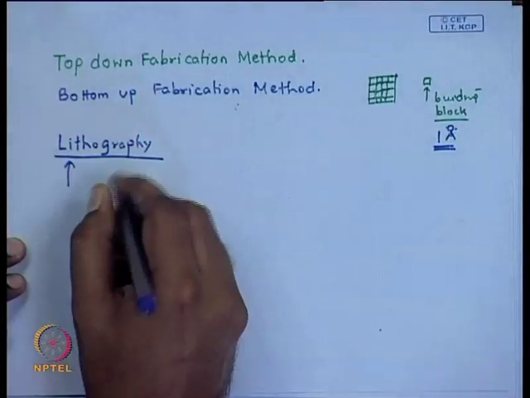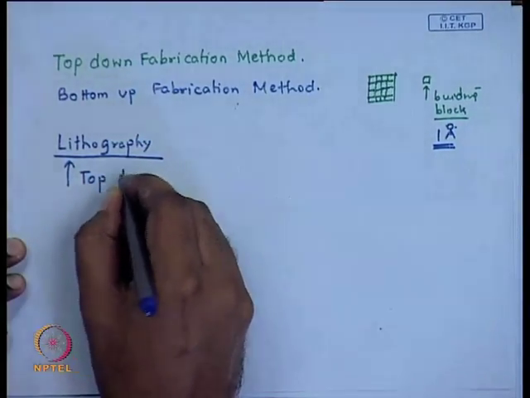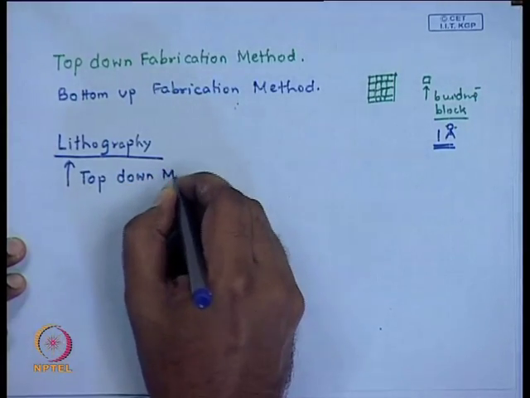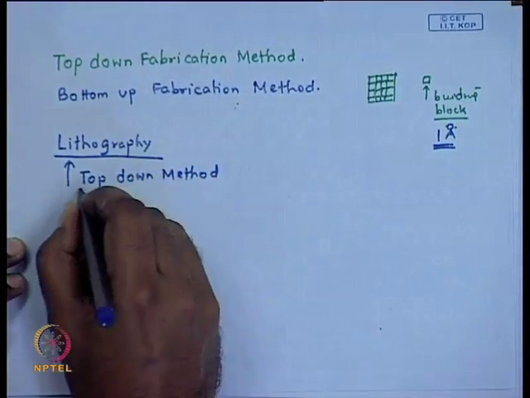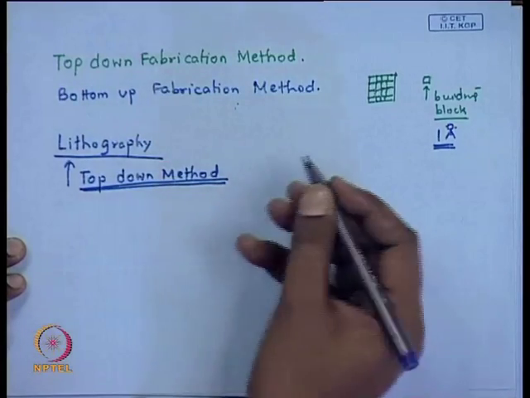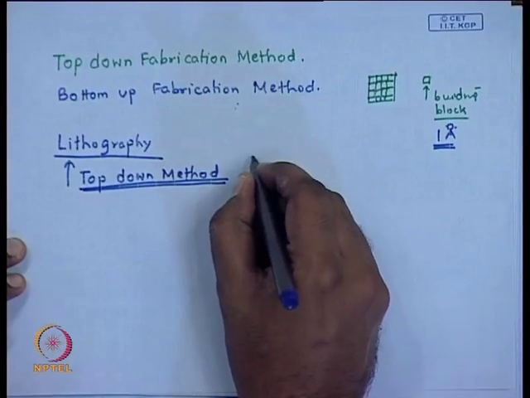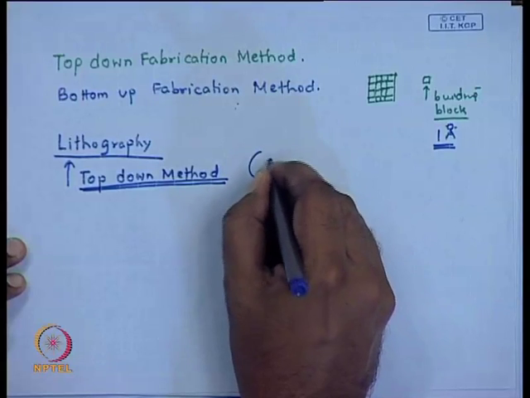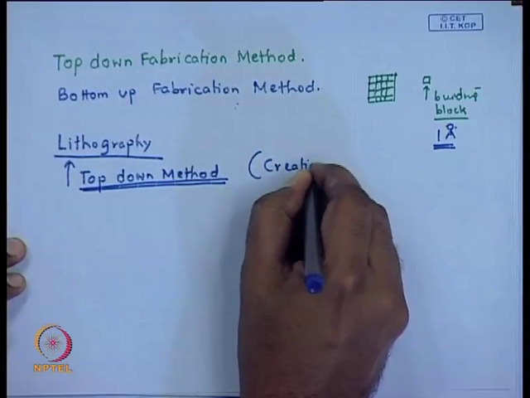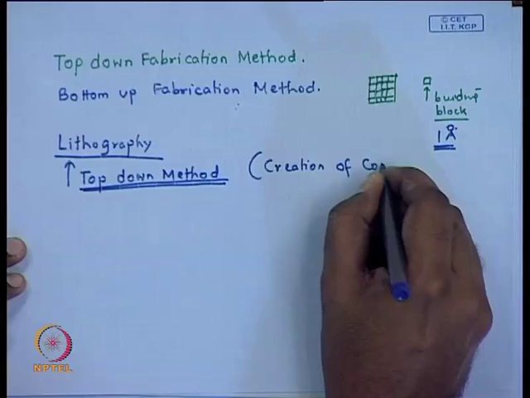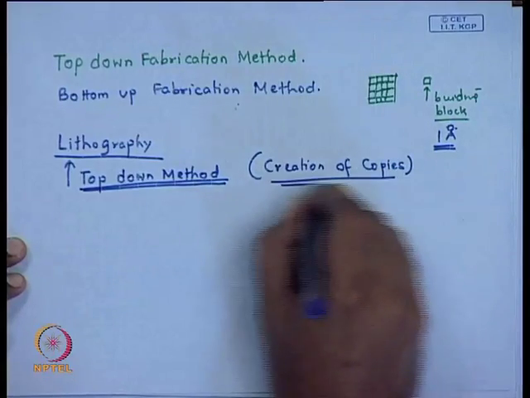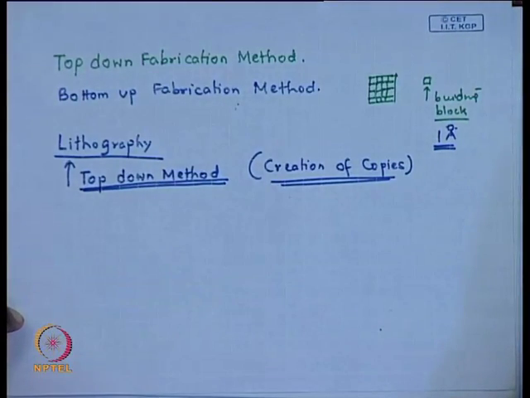Lithography is definitely regarded as a top down method, but we will see whether we can really regard it as top down, or classify it as something slightly different, a creation of copies. A simple way to put it would be the distinction between printing out something and xeroxing something. So, we will come to that.